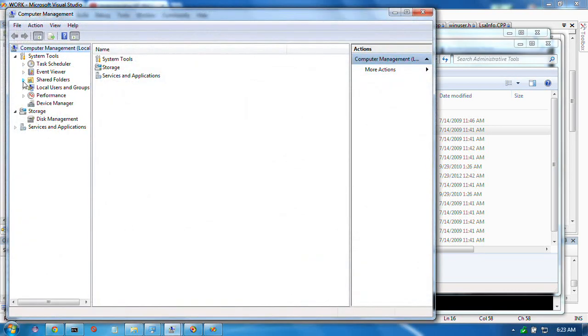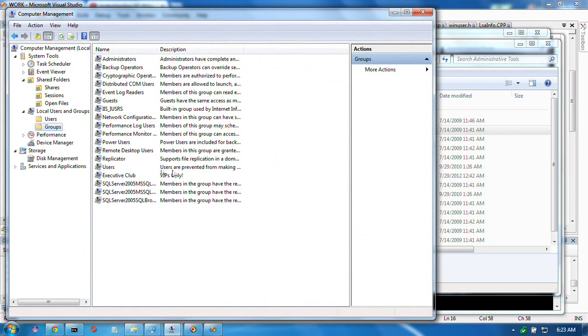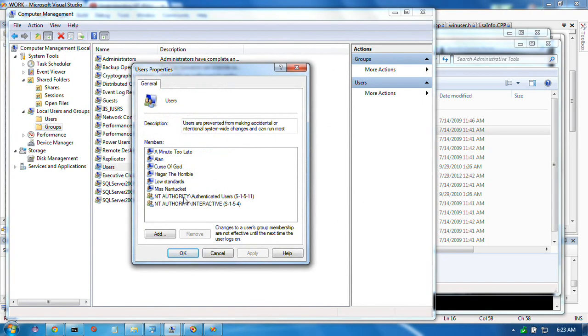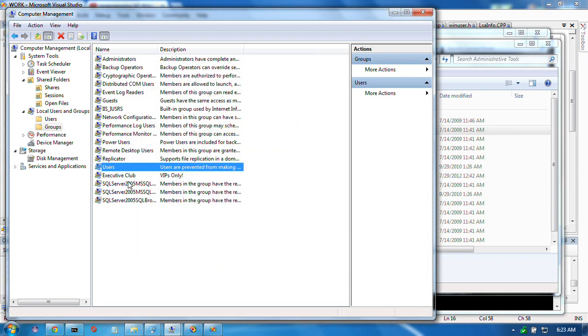There's only one real user listed. Wait a second here, though. Authenticated users is in the users group. I wonder what that means.